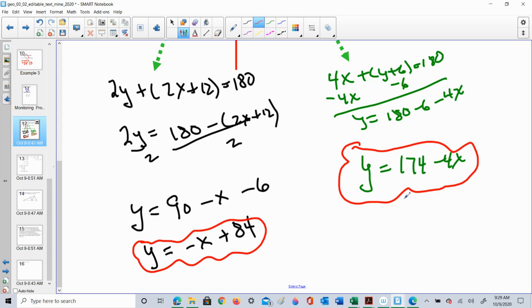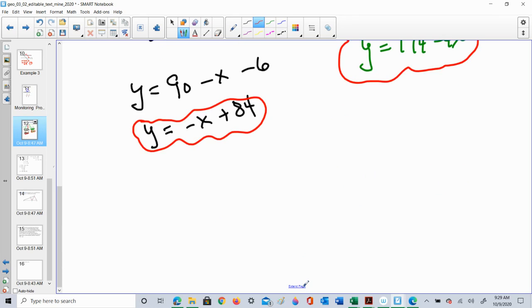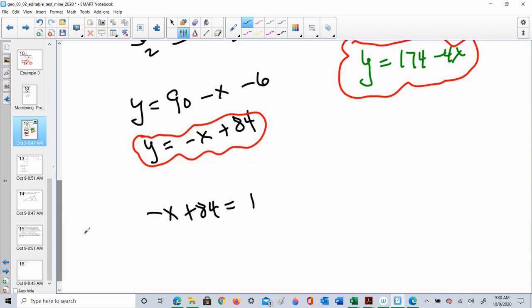If two things equal y, the whole idea of a system of equations, they can be set equal to each other. This is a tough question, a challenge for you guys. So what do I get? Negative x plus 84 is equal to 174 minus 4x.